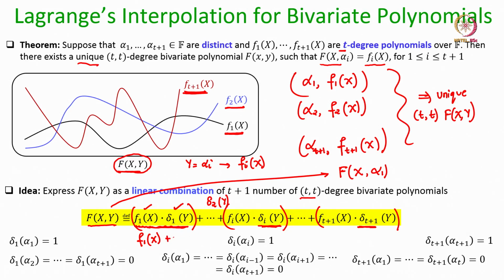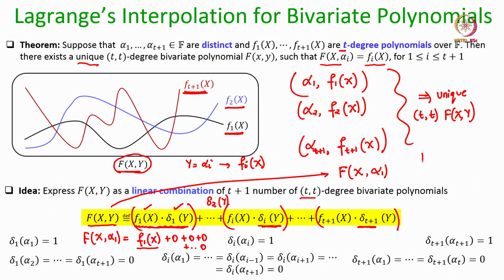So, the second term will be 0, the third term will be 0, the fourth term will be 0, and like that the t plus 1th term will be 0. That means, if I evaluate this polynomial at alpha 1, indeed I get f sub 1 x, and all other terms simply give you the value 0.